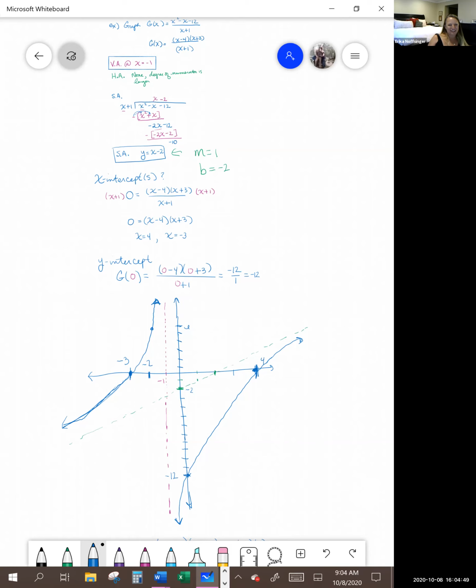That's a great question, and I don't know if I know the answer to that. It does look symmetrical, but I don't know how to say what it would be symmetrical across. Is it symmetrical across this line? So I'm not sure.